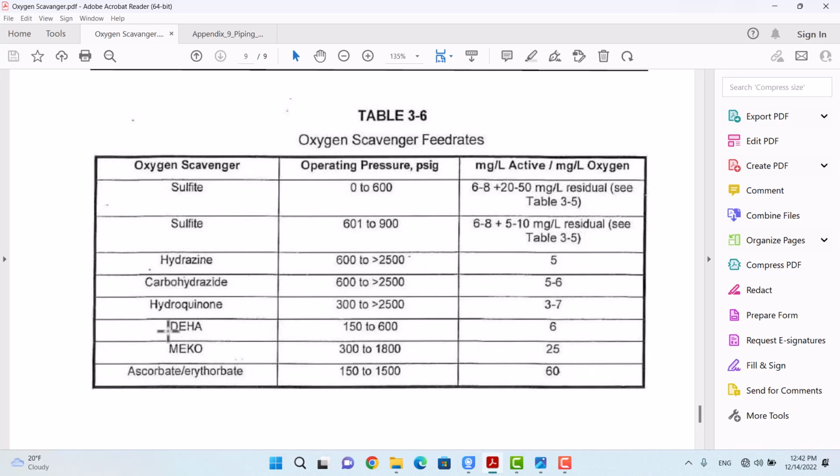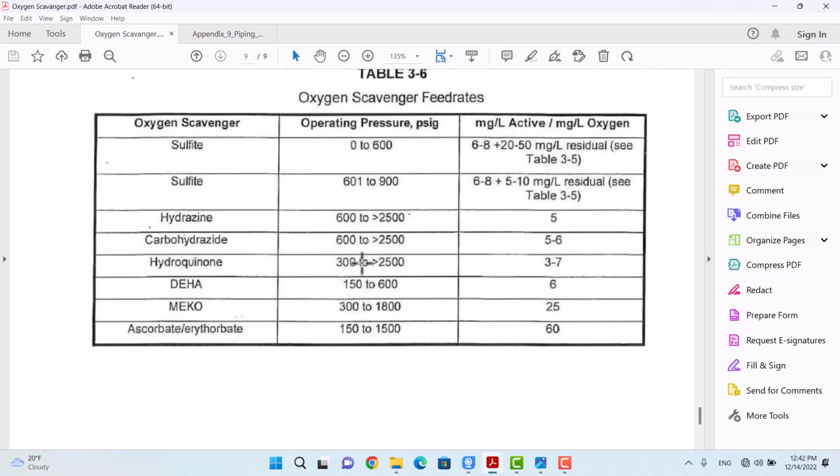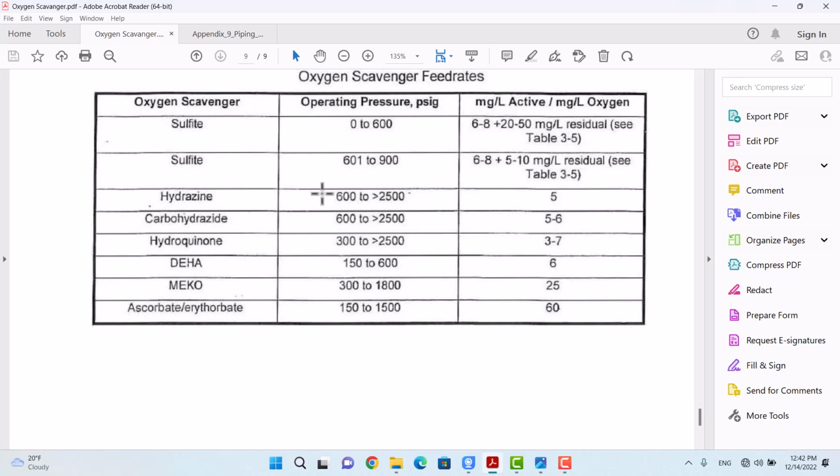hydroquinone, DEHA, and MECO. And of course, as you can see here, the operating pressure of sulfite is mostly between 0 to a maximum of 600 psi gauge. And as we saw in the first paragraph on sulfite, it is mostly used for low pressure boilers. Then we have hydrazine.